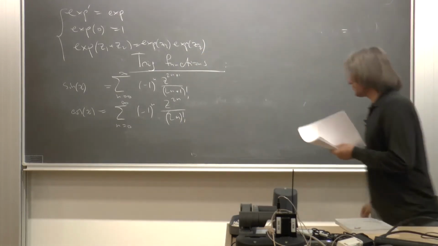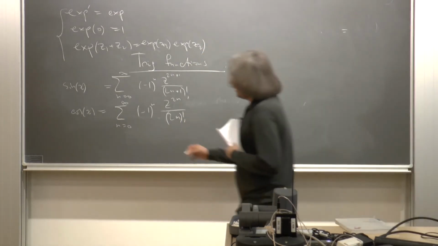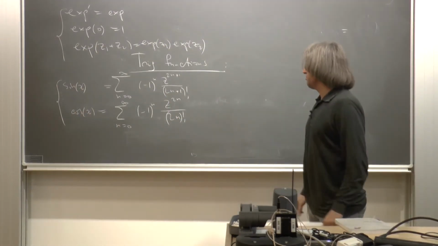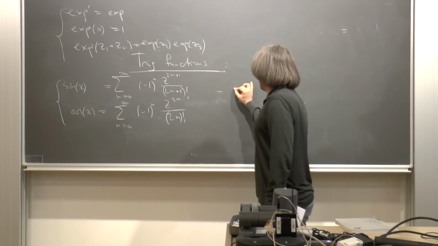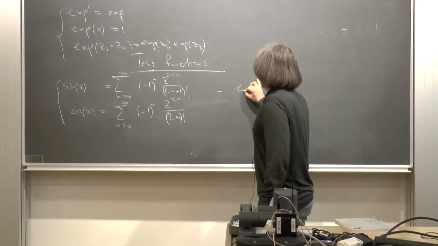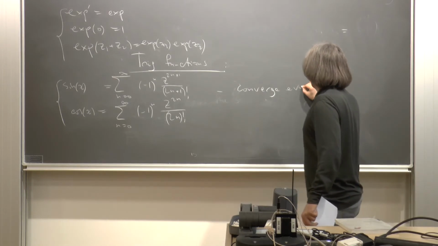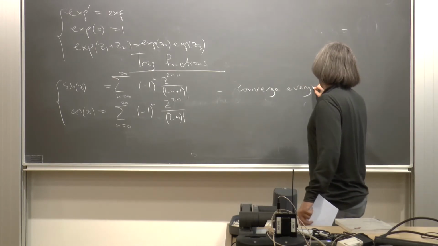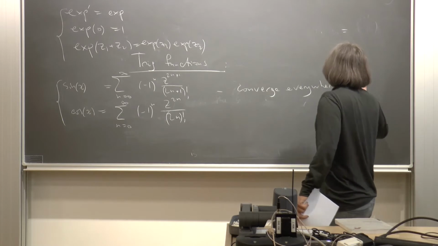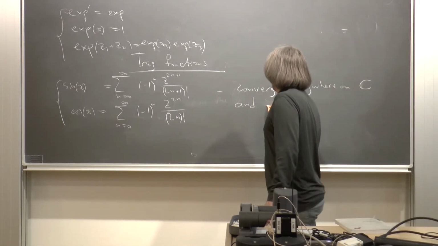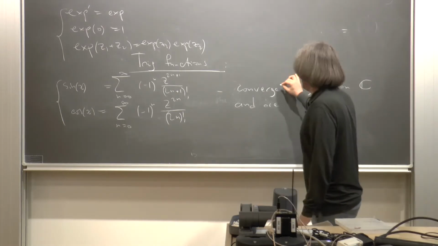So again, since denominators grow so fast, they converge everywhere on complex numbers and are holomorphic. They converge absolutely.